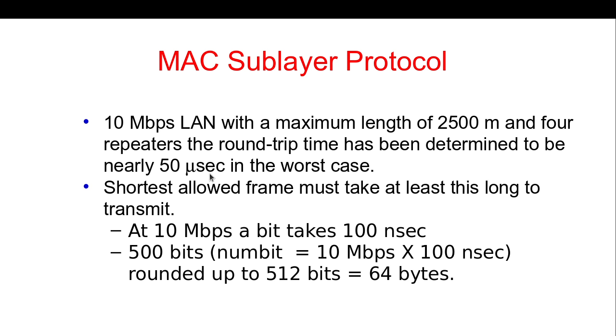So the shortest allowed frame must take at least this long to transmit, because that is the worst case scenario possible. At 10 Mbps bandwidth, a single bit takes 100 nanoseconds, so the time for that bit to reach the other end and for its acknowledgement to be received by the sender is the round trip time.